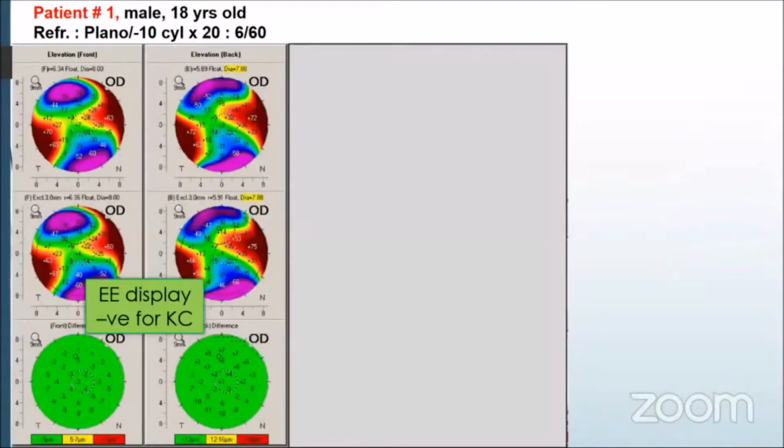Now, the elevation, again, was not significantly high, and that is the reason why the enhanced ectasia display does not pick up a keratoconus. Remember, the previous speakers were talking about how this is formed, and this is based on elevation, not on curvature. Therefore, even though the cornea has a steep curvature, the elevation was not too high, and that is why it is negative for keratoconus.